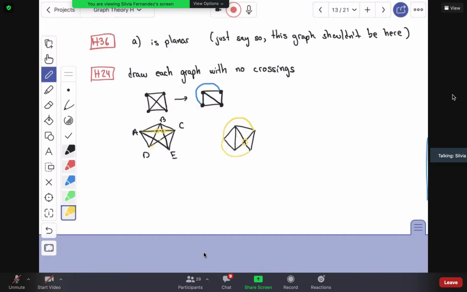Let me think. Okay, well, 1, 2, 3, 4. Any ideas? Anybody? Let's see. I don't think it connects because of the crossing there.